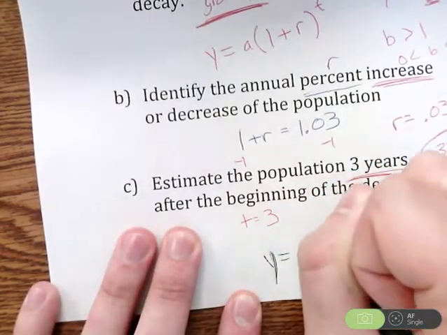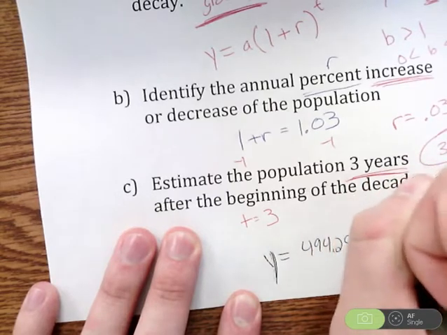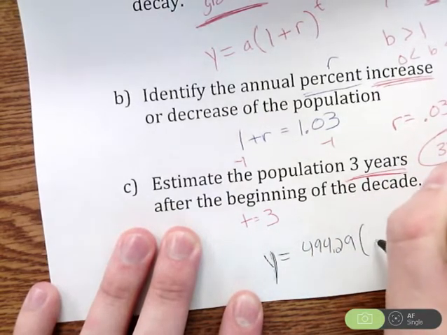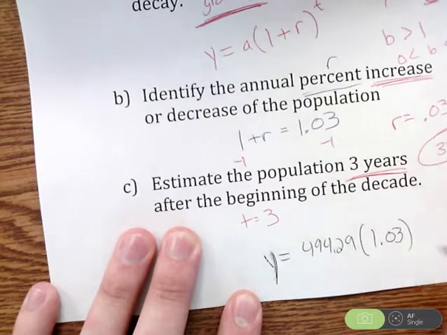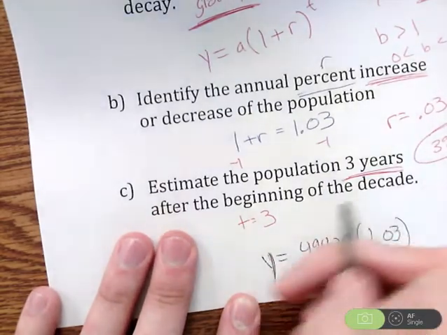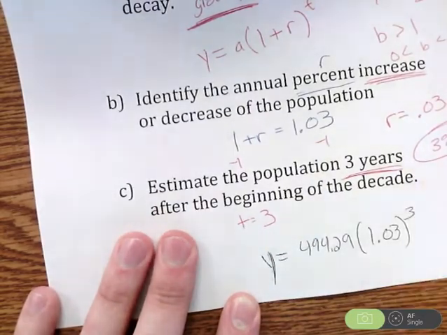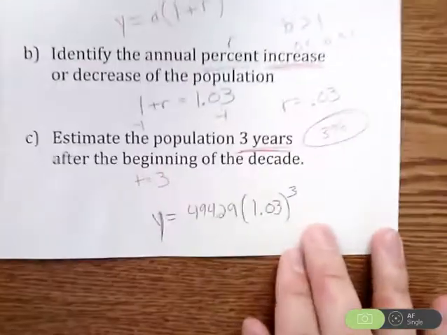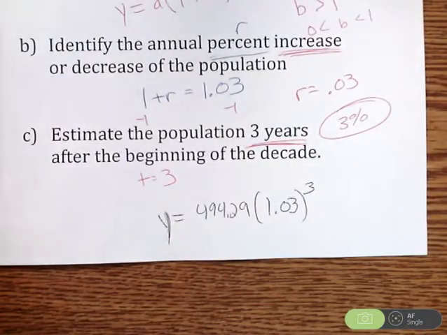So that's going to look like y equals 494.29 parentheses 1.03 parentheses to the exponent 3. And what we're going to do with that is use a calculator and solve that.